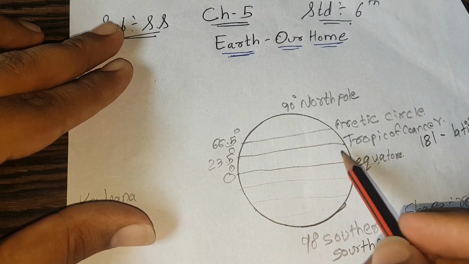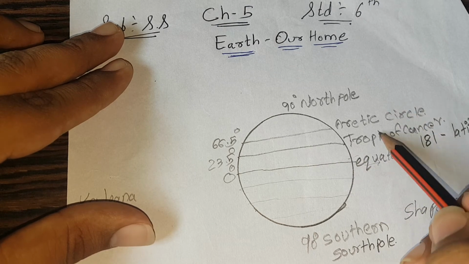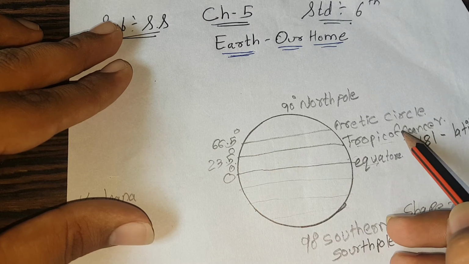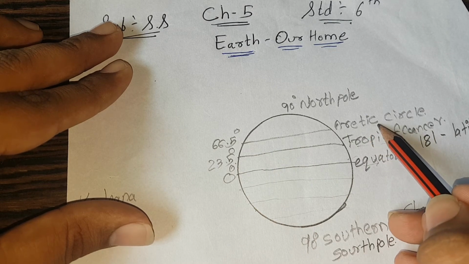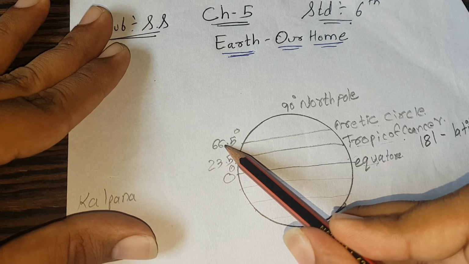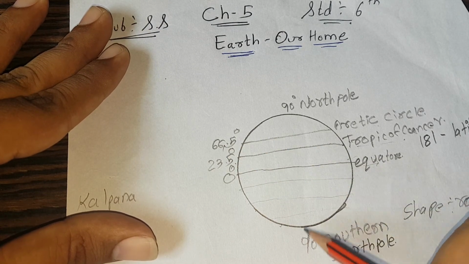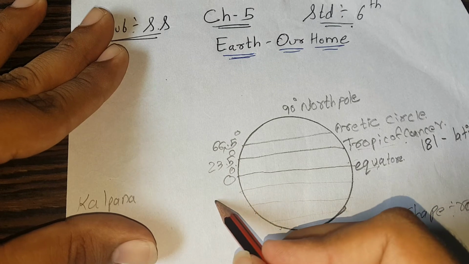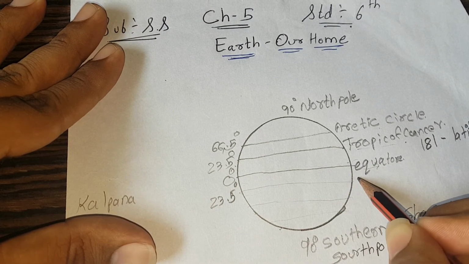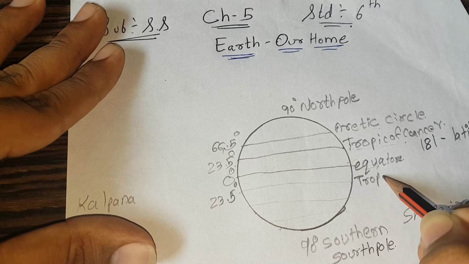As above we have seen the Tropic of Cancer at 23.5 degree and the Arctic Circle at 66.5 degree, downwards towards the South Pole it also has, at 23.5 degree, the Tropic of Capricorn.